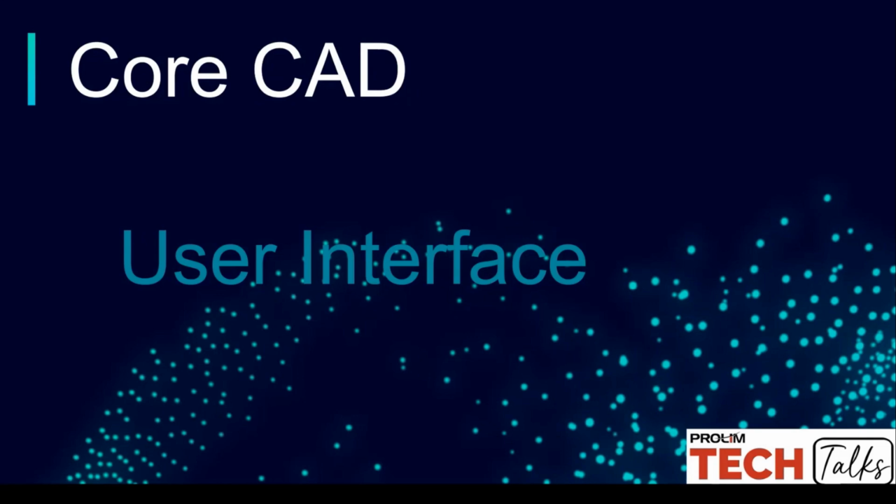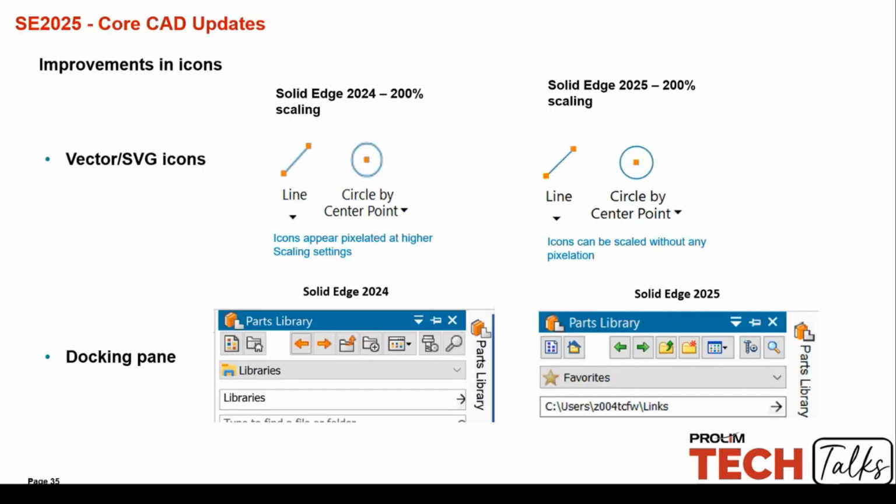So next we'll move over to see some core enhancements to that always evolving user interface. Vector SVG icons. These icons are now used in Solid Edge ribbons, which can be scaled to different resolutions without any type of pixelation, which is pretty good.